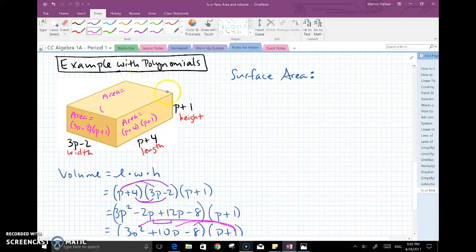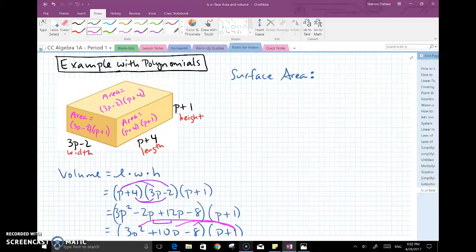This side here would be 3p minus 2, because this side is 3p minus 2. Okay, so I'm using the width and I'm using the length here. So width 3p minus 2, length p plus 4. So 3p minus 2 times p plus 4, that's my area of the top surface. Now I need to double everything, but first I need to go ahead and multiply these things together.